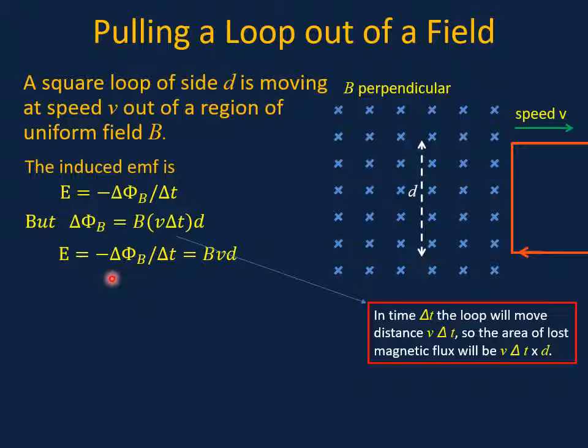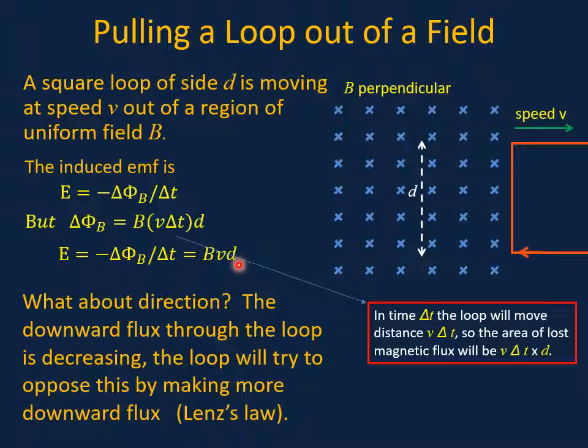This we can write as delta phi B over delta t equals B v d, because we have divided this out on both sides by the time that it takes, and therefore the EMF is simply the magnetic field B times the velocity times the height d.